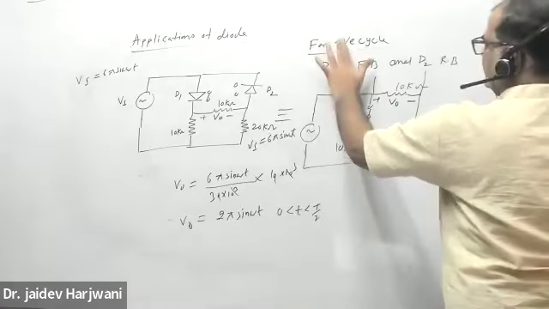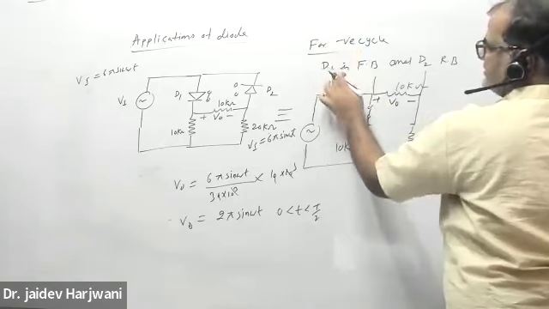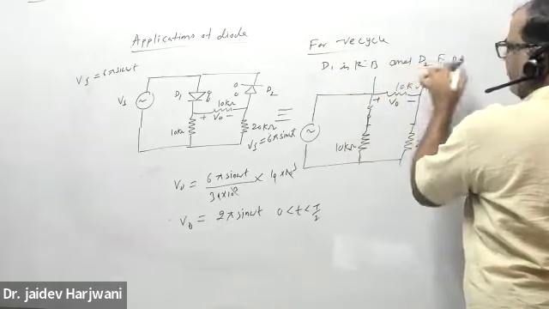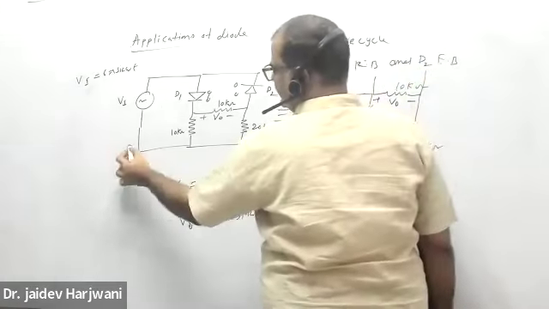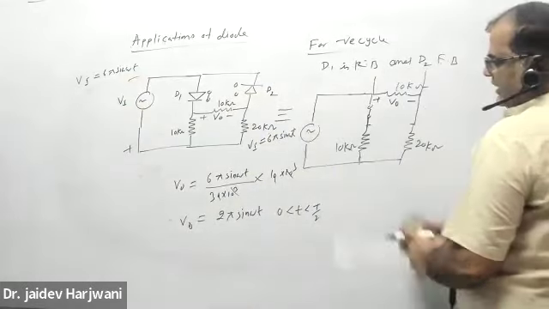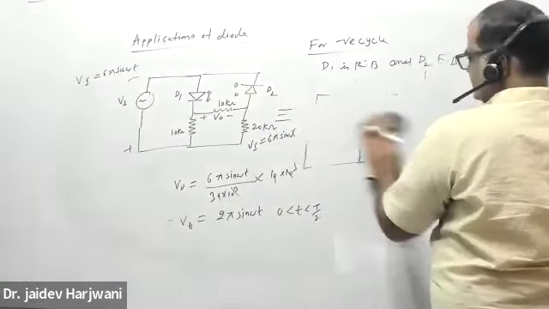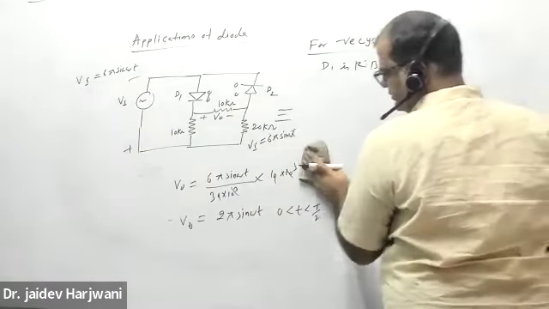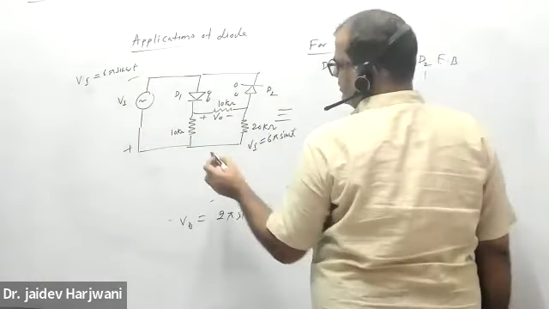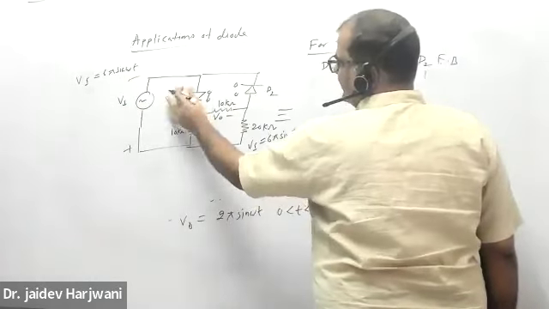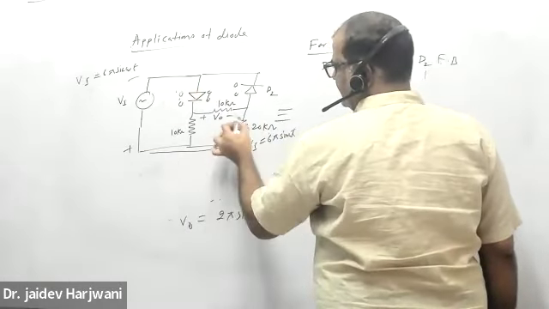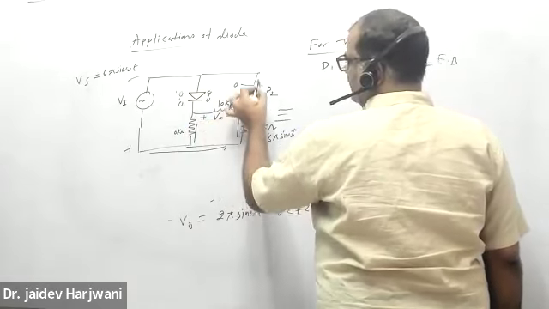For the negative cycle, D1 is reverse biased and D2 is forward biased. Now tell me what the equivalent circuit is. Sir, current will go through only the 20 kilo ohm. Now this is open. Current will go from here and come back here.